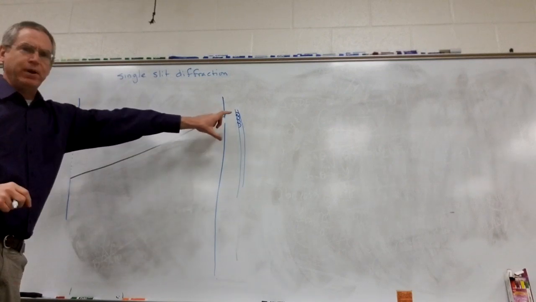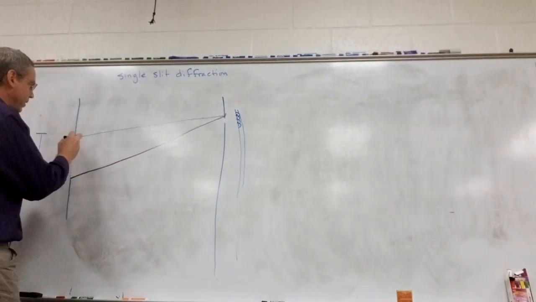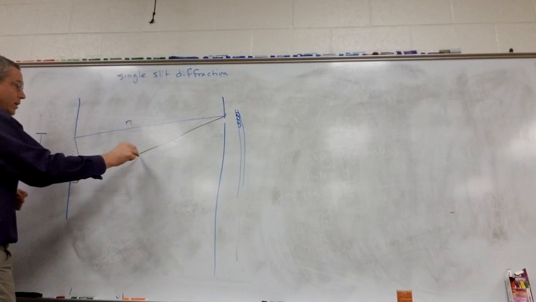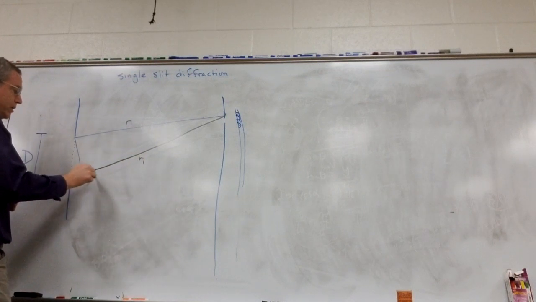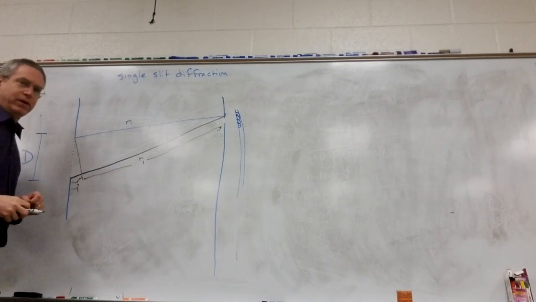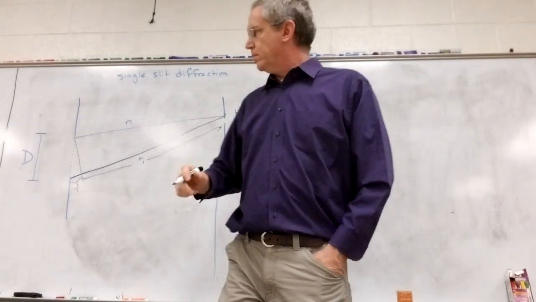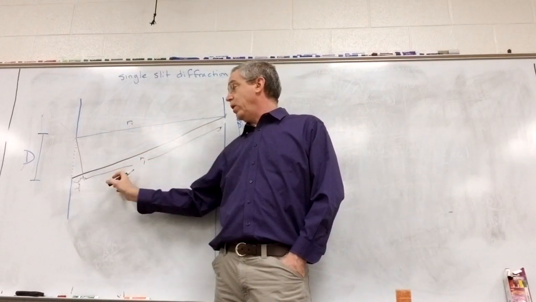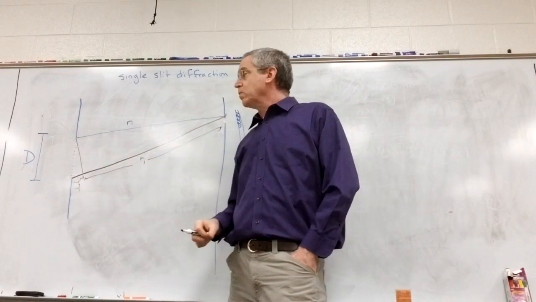If these would produce a bright spot, that means that these are a wavelength apart. So the distance here, if this is R1, this is R1 to this point right here, and this right here is, let's just say, a wavelength apart. So R1 plus the wavelength is equal to R2.